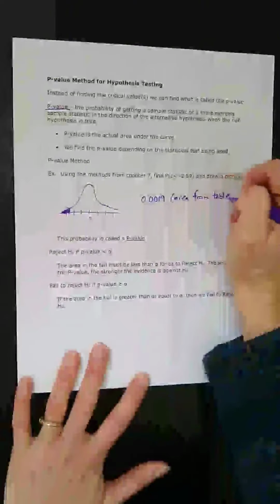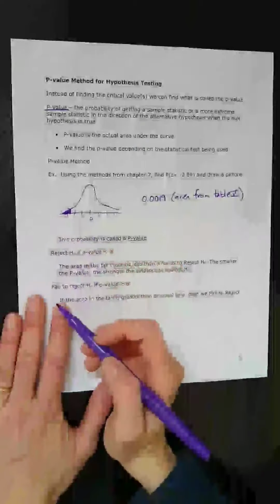from table 5, okay? In terms of what we've been doing with our hypothesis tests and drawing our pictures, we've got the z-value of negative 2.89, and this p-value is an area, so 0.0019. So that's where we would label those two values. This probability is called a p-value.